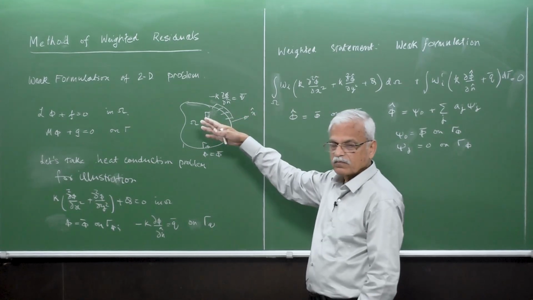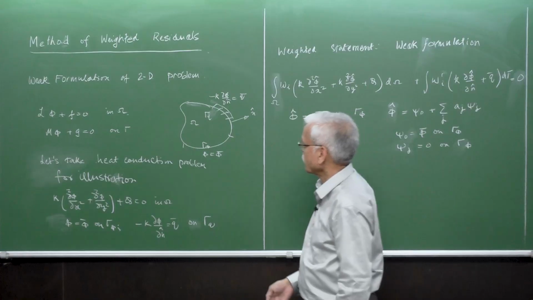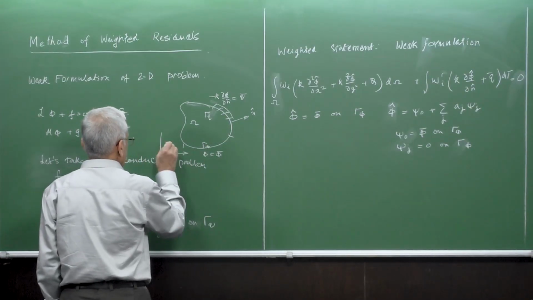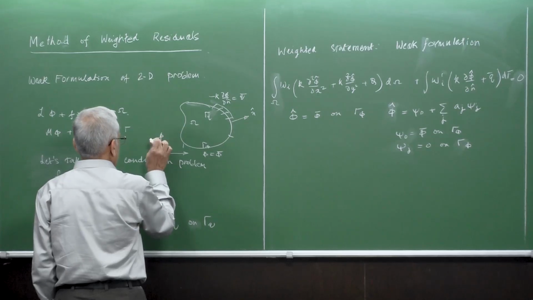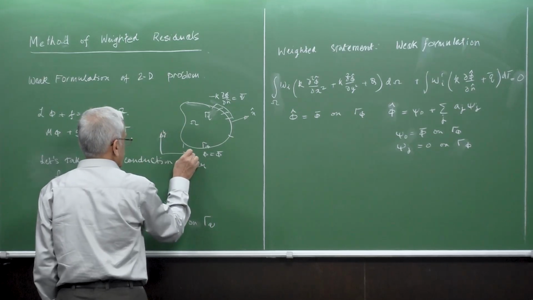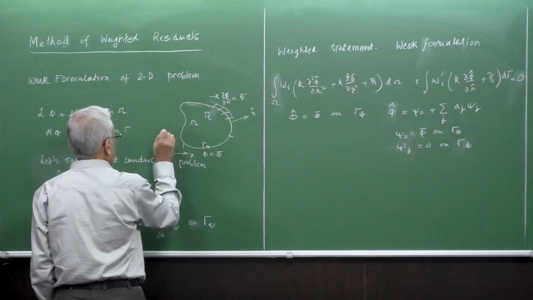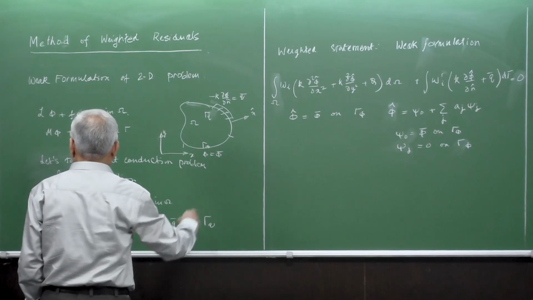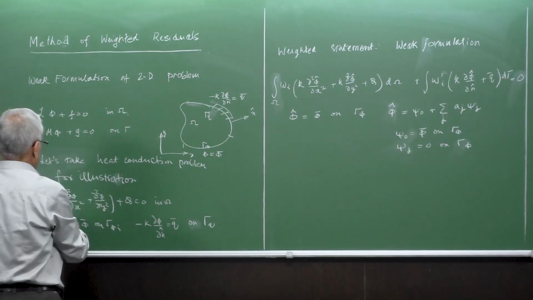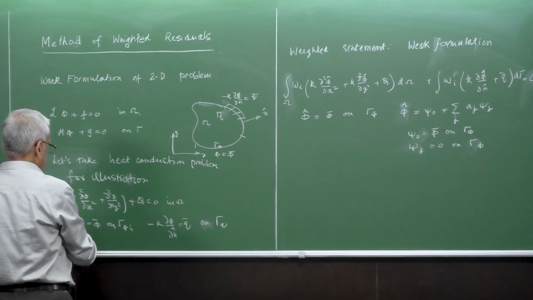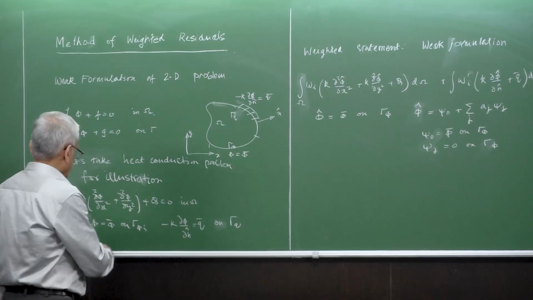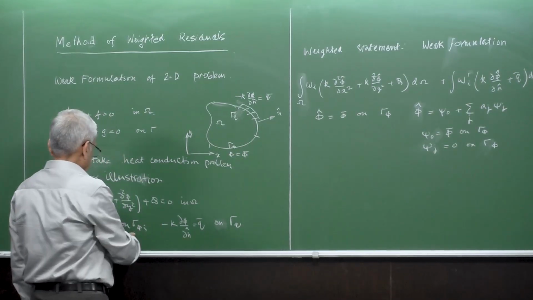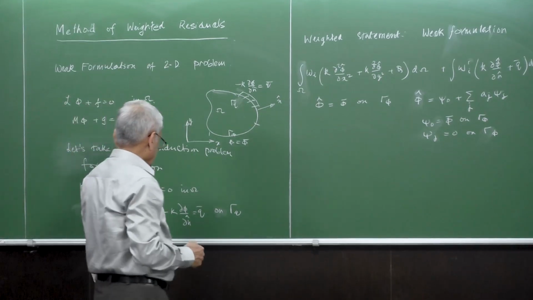So just to put things in context, this is the heat conduction problem. We'll take the heat conduction problem in 2D and illustrate this method with respect to a heat conduction problem in the domain omega. The important part here is that this is the governing equation and these are the two boundary conditions: phi is equal to phi bar on a part of the boundary where the temperature is prescribed.